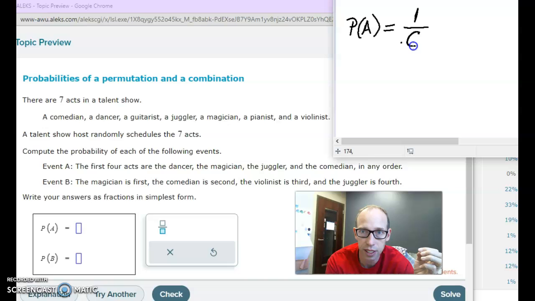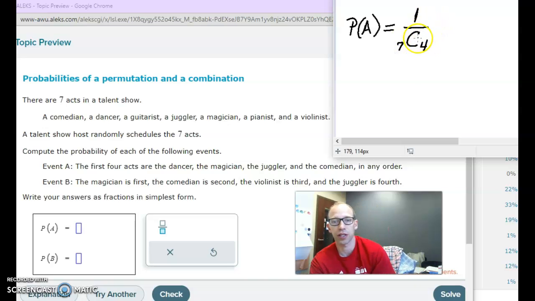So here, it's a combination because it doesn't matter. All that matters is whether or not they're included. There's 7 to choose from, and we're choosing 4. So this is basically the number of ways to choose 4 out of 7. And of all those ways, there's only one that will get us what we want. So this is the probability we're looking for.